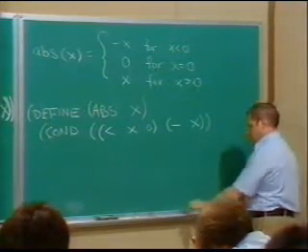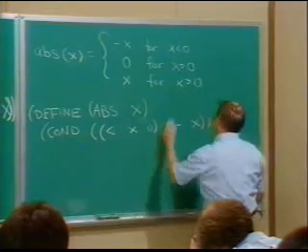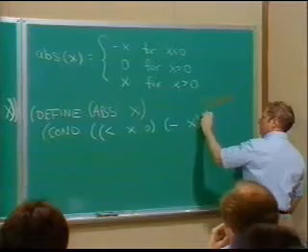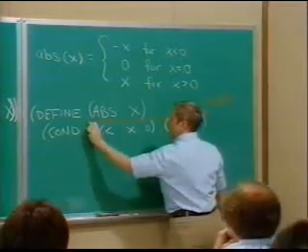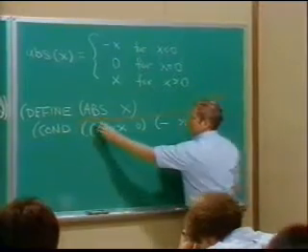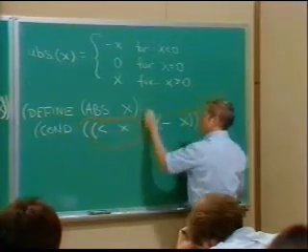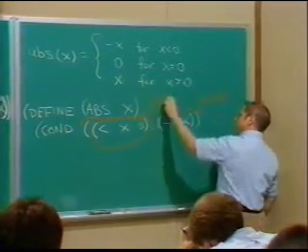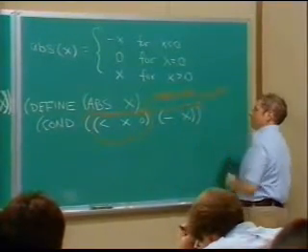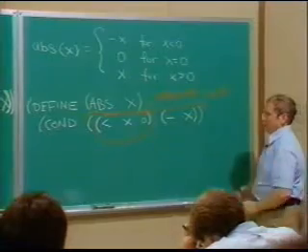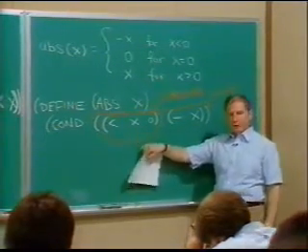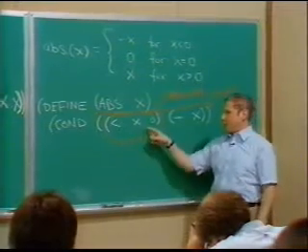What I've written here is a clause. This whole thing is a conditional clause, and it has two parts. This part here is a predicate, or a condition. That's a condition, and the condition is expressed by something called a predicate, and a predicate in Lisp is some sort of thing that returns either true or false.